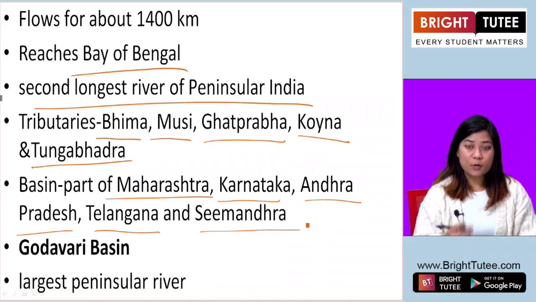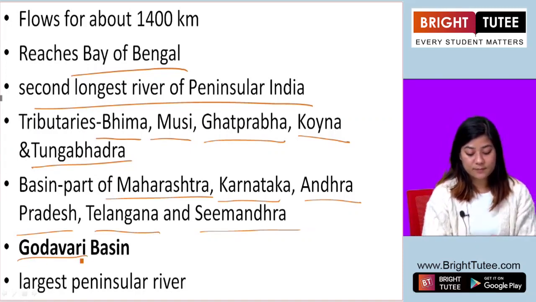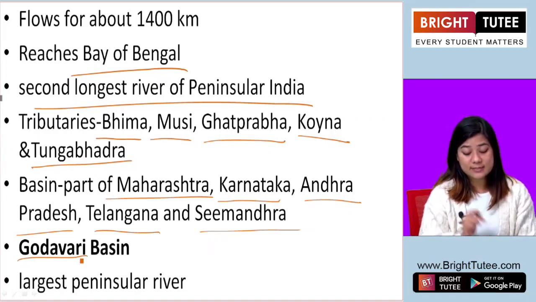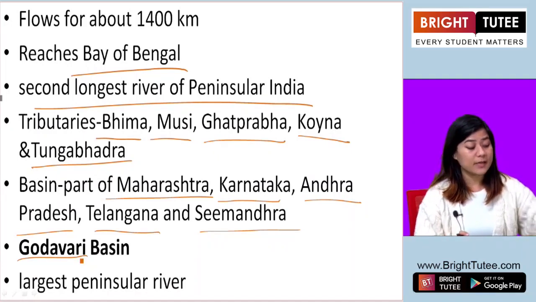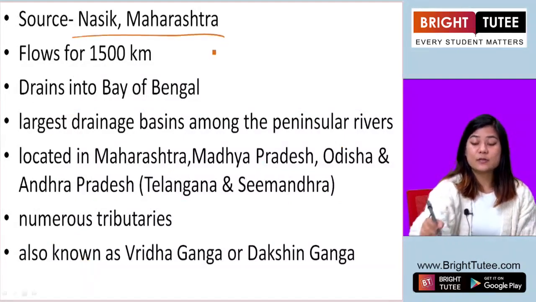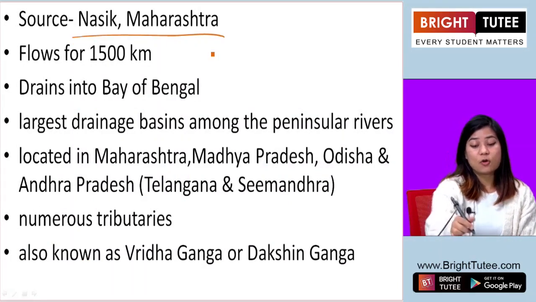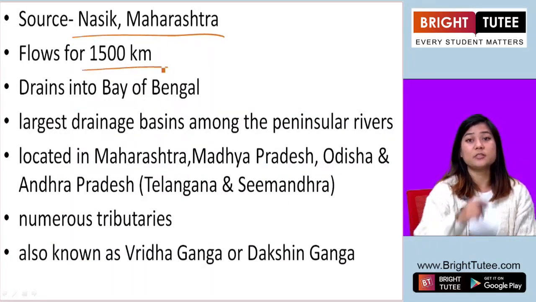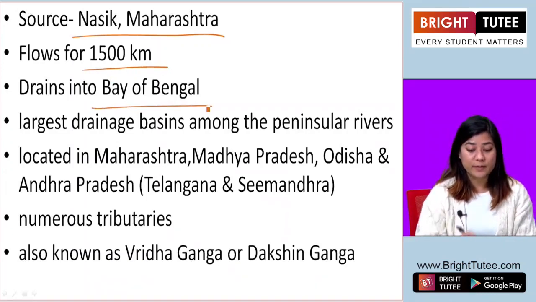The next important peninsular river that we are going to look at is Godavari. Now Godavari River is the largest among all the peninsular rivers in India. Its source lies in Nasik, which is in the state of Maharashtra. It covers a distance of 1500 kilometers from its source to finally drain into the Bay of Bengal.